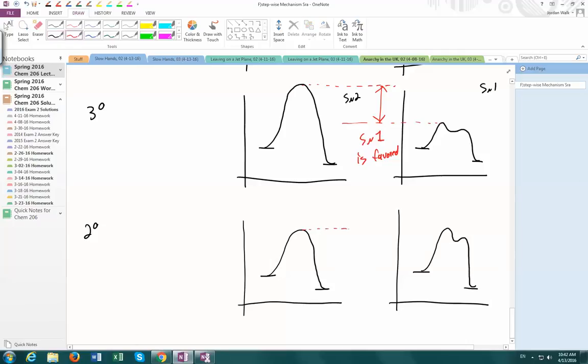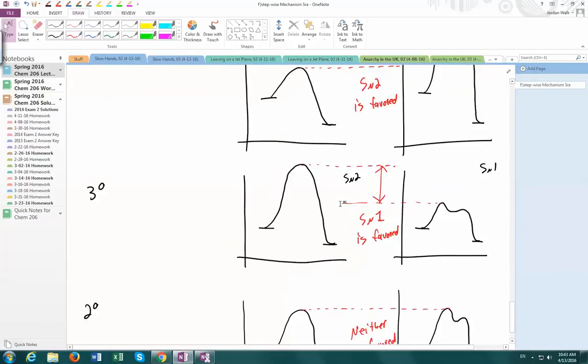And so ultimately, which one's favored? You can't tell just based on the substrate. So now, since you can't based on the substrate, we have to start taking into consideration some other aspects of our reaction. So here, neither is favored. And so this puts us a nice, pretty energy diagram about what's really going on.